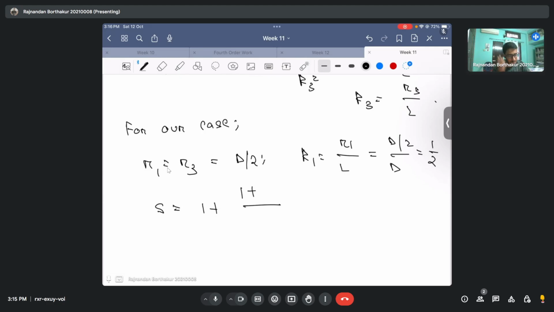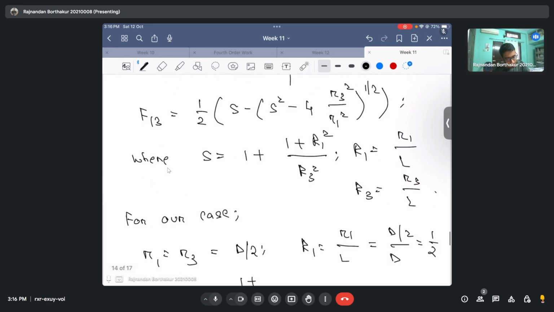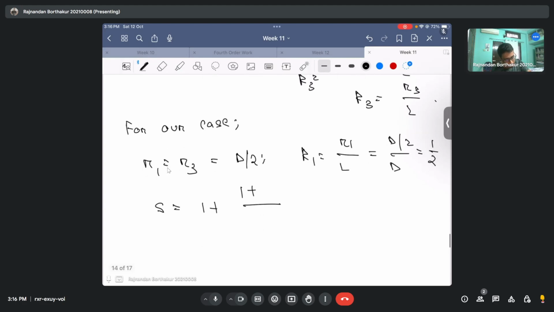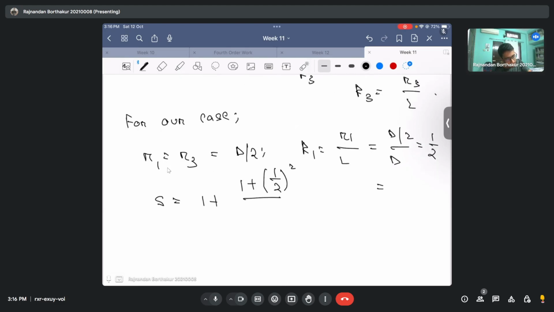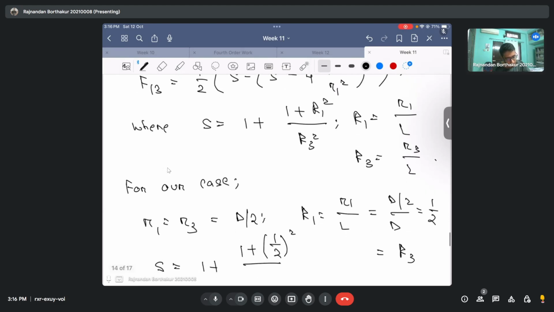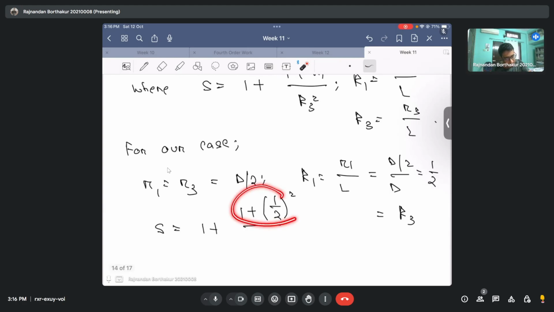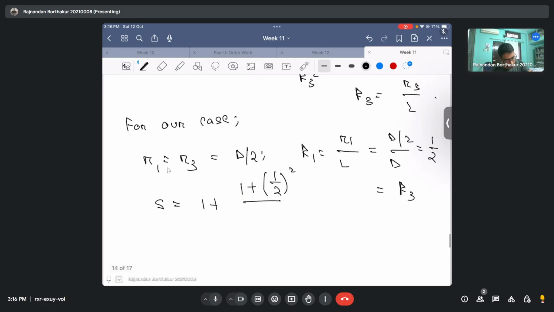That's obvious, right? Which means that my S is now 1 plus, R1 square would be just 1 by 2 square, divided by R3 square, and R3 would also be equal to R1, as the radii of these two surfaces are exactly the same. So S would be 1 plus half square divided by R3 square, and R3 is also equal to 1 by 4.